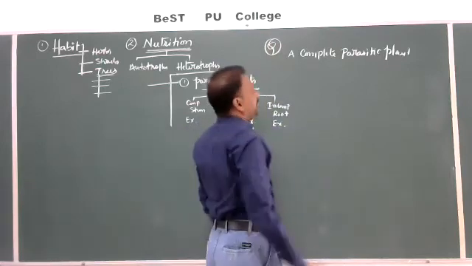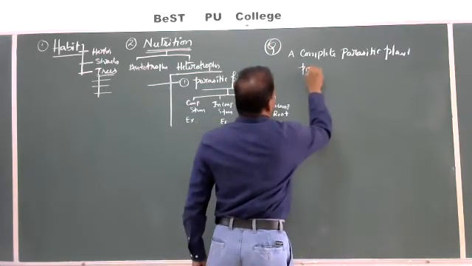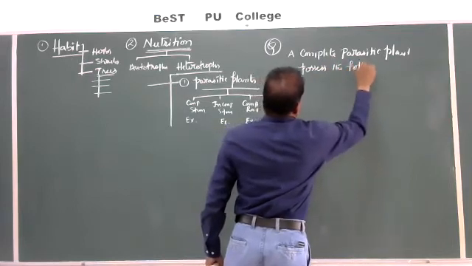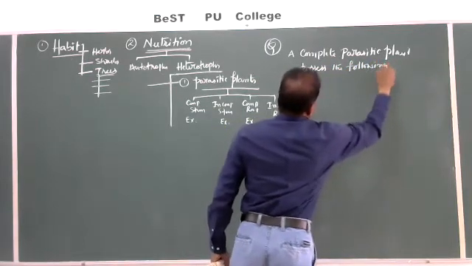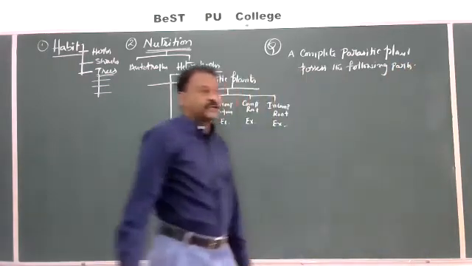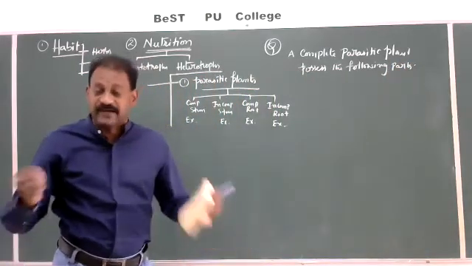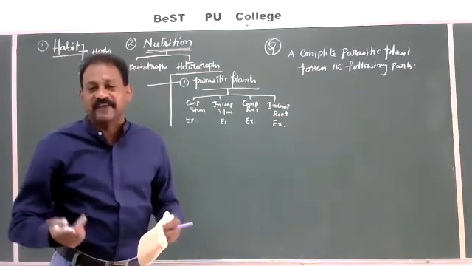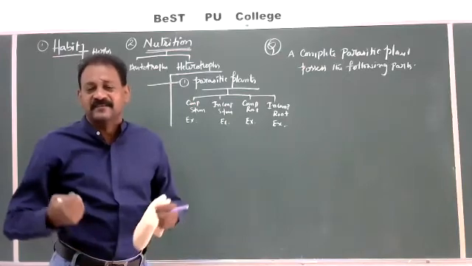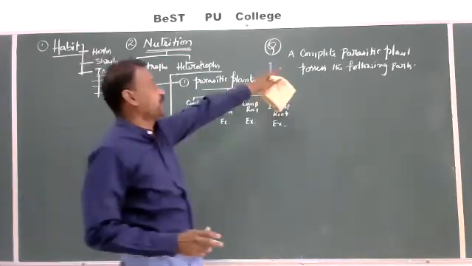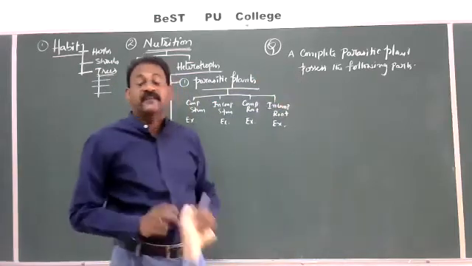Question: a complete parasitic plant possesses the following parts. So generally, we know that plants have some fundamental parts: root system, stem, shoot system, leaves, branches, flowers, fruits, and seeds. Out of these parts, a complete parasitic plant possesses the following parts.